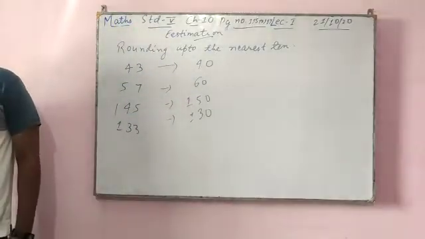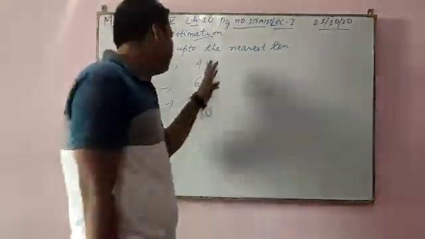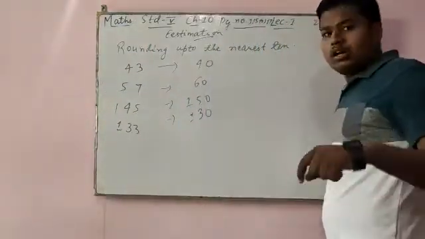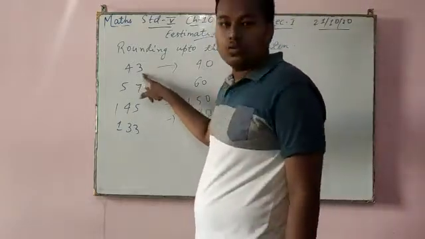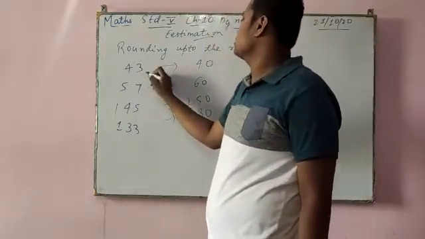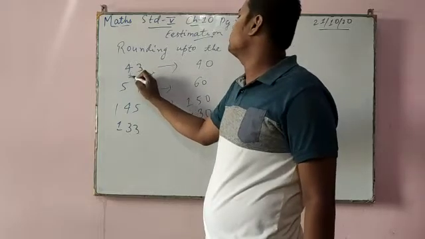See, why have I written nearest 10? In nearest 10, what do we see? We see the ones digit. Here it is the ones digit, here it is the tens digit.